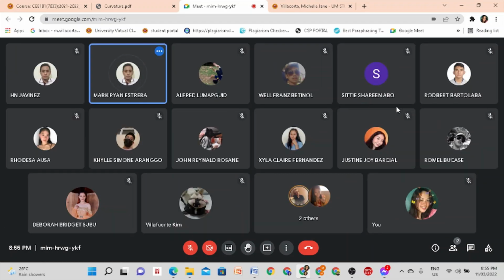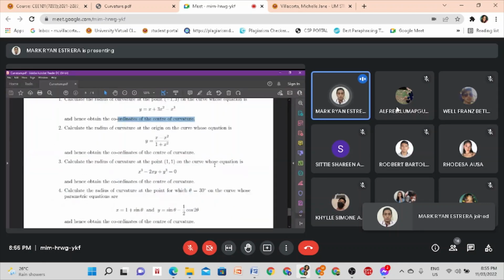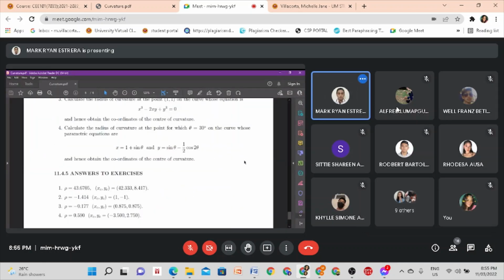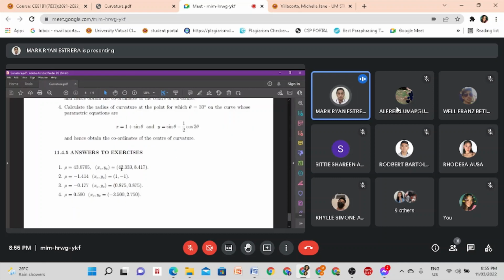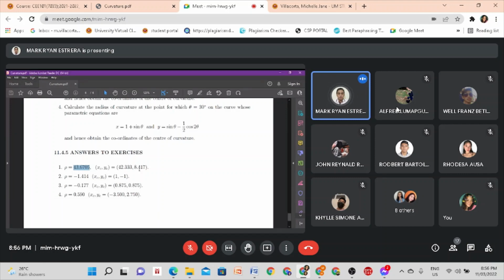Wait a moment. Now checking the answer for exercise 1, item 1. The radius of curvature is 43.67056, matching my answer. The center's answer is 42.333 and what I obtained is 42.332, so there is a very small discrepancy.